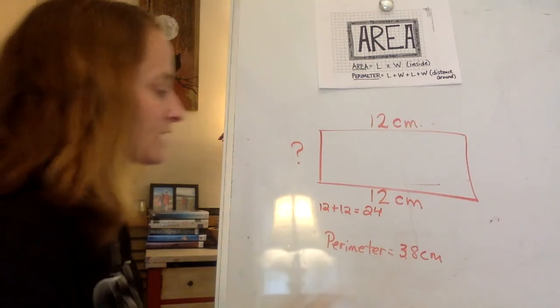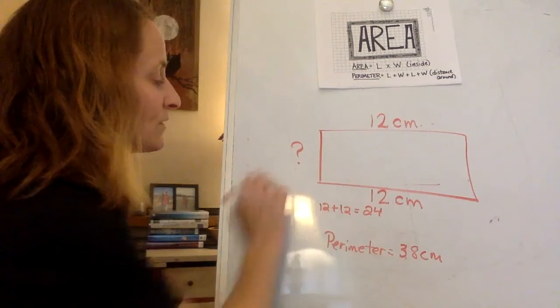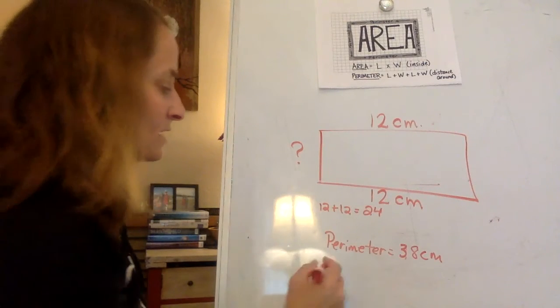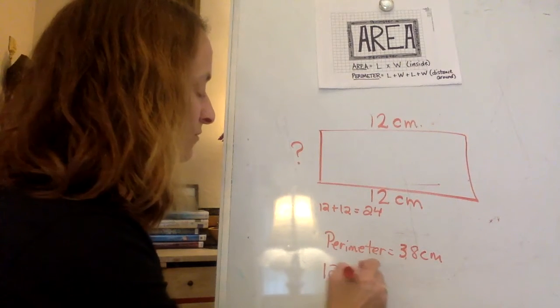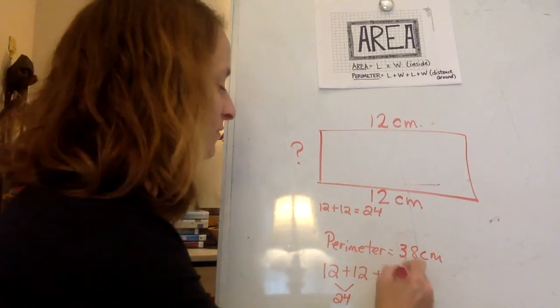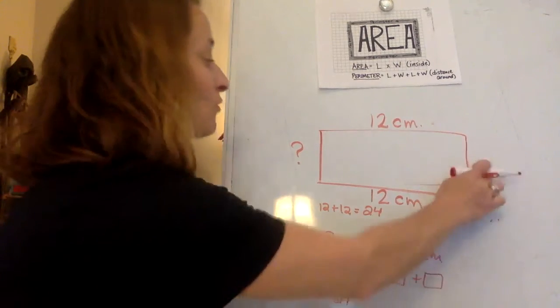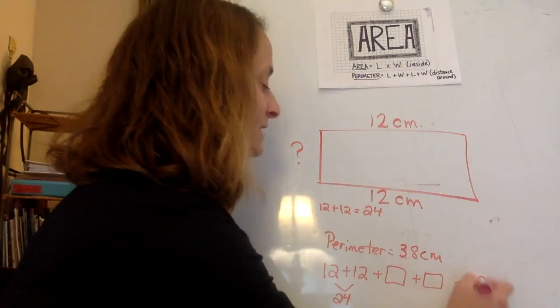Oh, goodness sakes, but we have a total of 38. So we have to figure out what this side is, boys and girls. I'm going to do 12 plus 12, which we know is 24, plus, we don't know these two, but we know they're the same length. There are different ways that you can solve this.